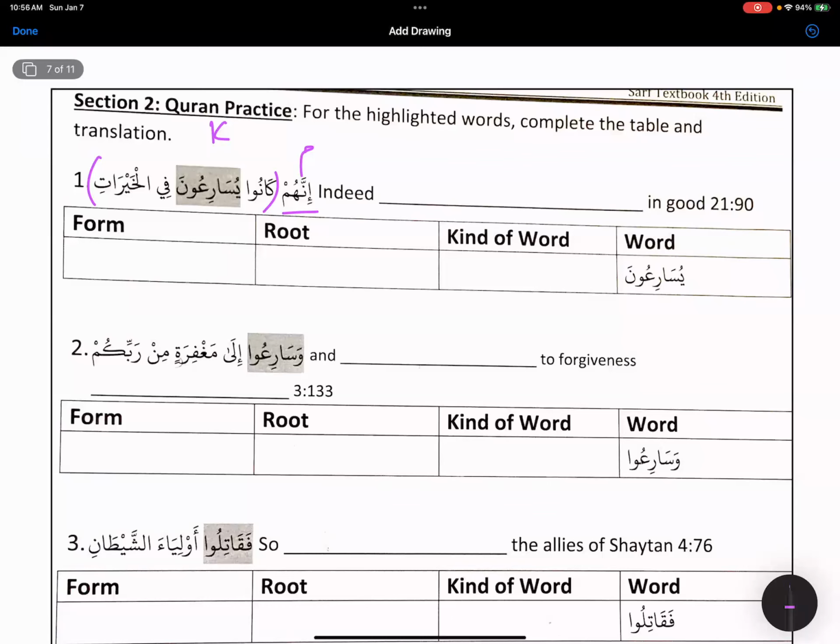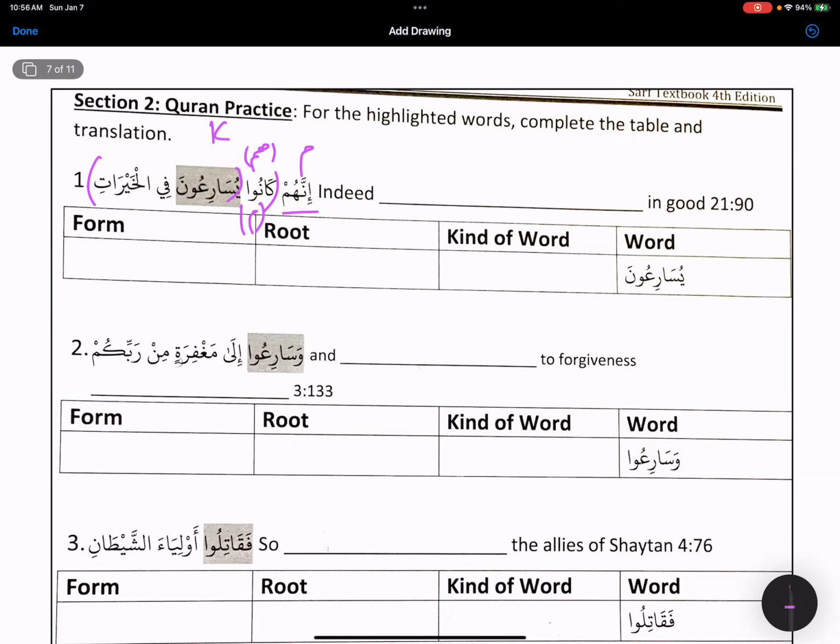Waw jama'a, so whom kanu is ismu kana. And ismu kana is supposed to be what status? Ismu kana will be marfu, like kana Allahu. Yes, marfu. So it's supposed to be marfu. And now we have basically this kana and its ism. This is another mubtada. Where is the khabar? Yusari'una.